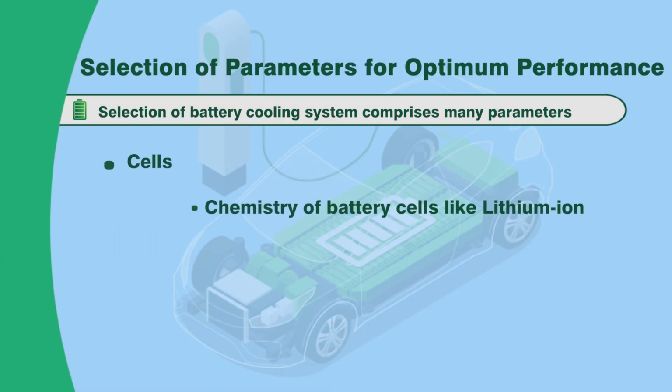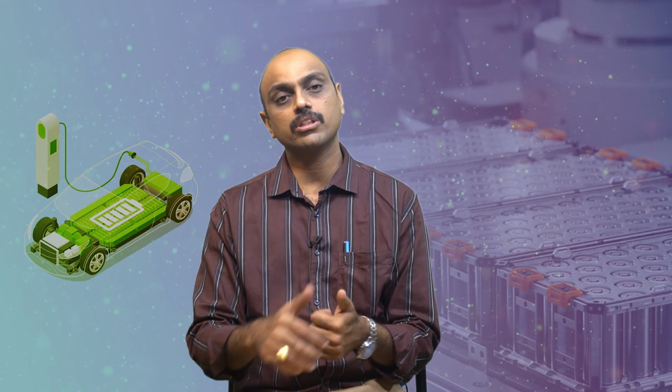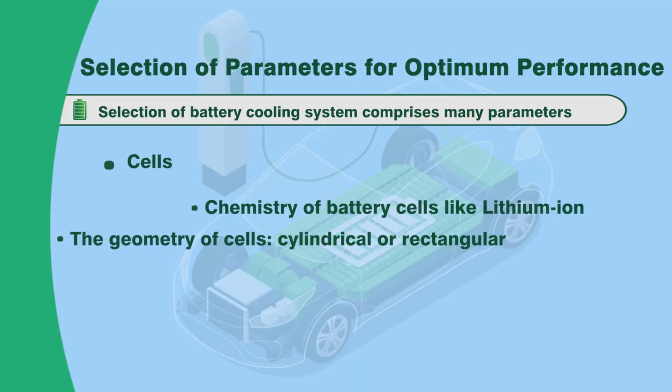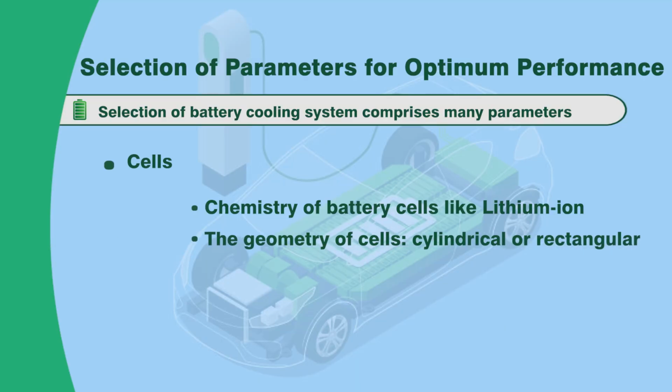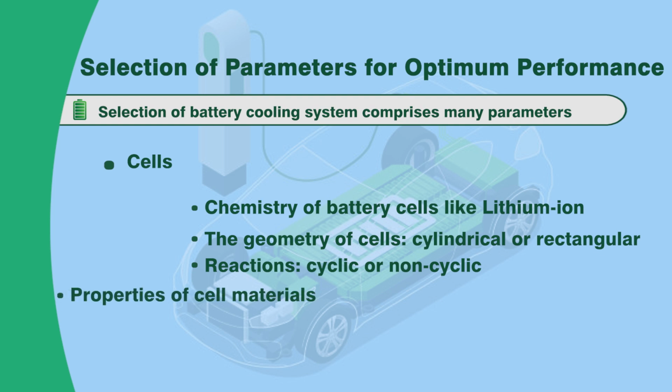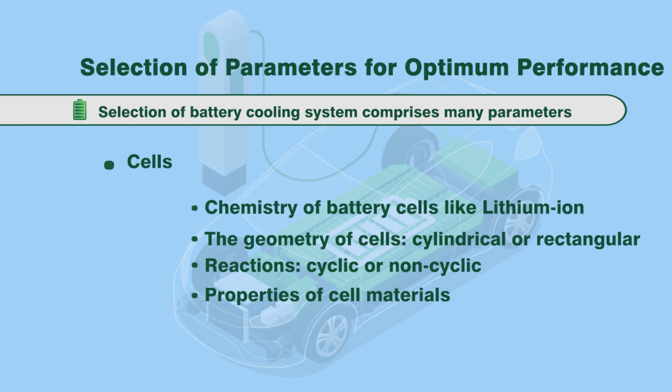What is the chemistry of the battery cell, like lithium iron phosphate or nickel metal hydride, whatever it is. That also affects, and the geometry of the cells also affects, and the reactions in the cells also affect the temperature, and the properties of the cell materials also equally affect the temperature, which should be taken care of while designing or selecting a proper cooling system for the battery.